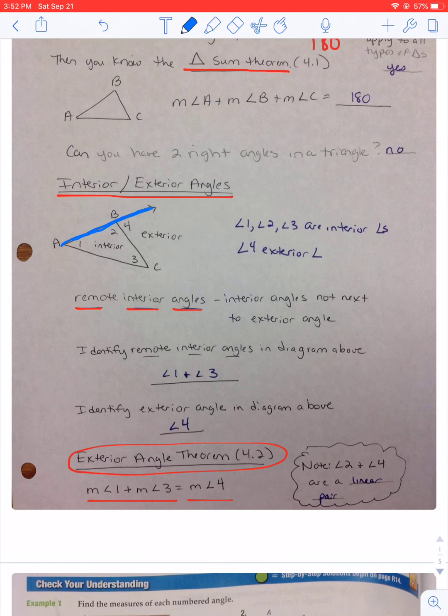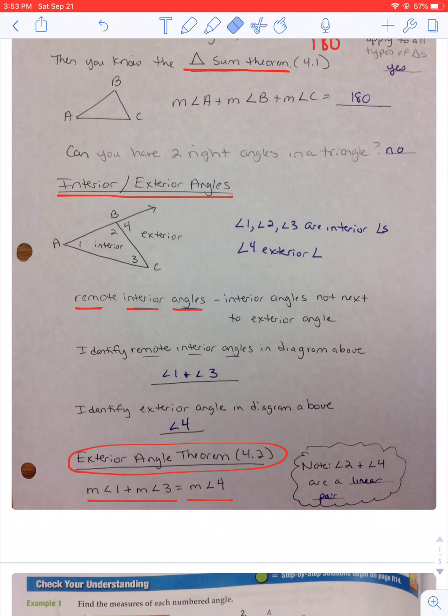This side is an extension of this triangle ABC, and BC is kind of like a ray coming out of that line. And remember we said if you had angles formed from a line, they're called a linear pair. So that's why 2 and 4 are a linear pair also. Just kind of bringing up some old vocabulary that we always need to have at the top of our minds.